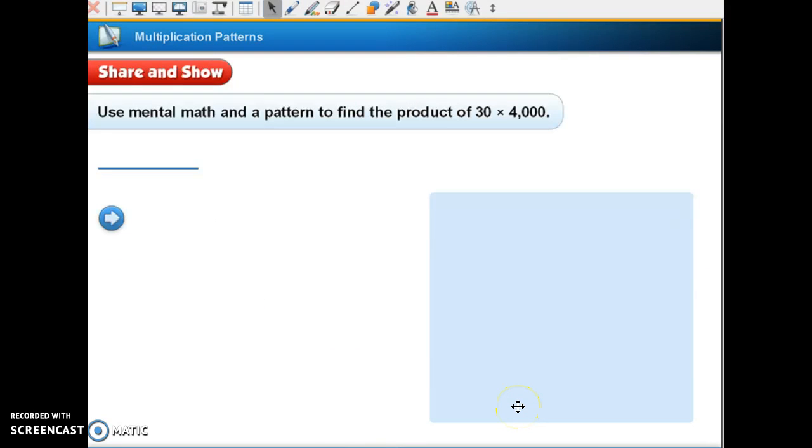It says use mental math and a pattern to find the product of 30 times 4,000. Well, what is 3 times 4? 12. How many zeros do I have in the 30? How many zeros do I have in the 4,000?